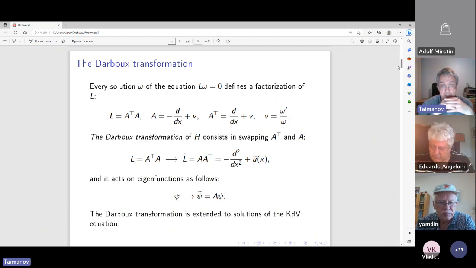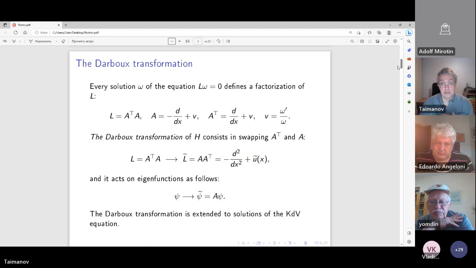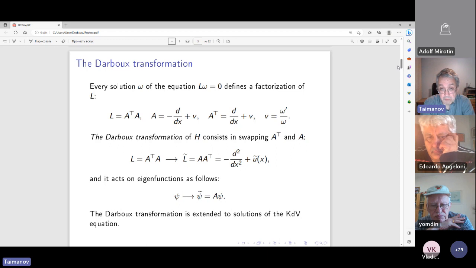So if psi is an eigenfunction of L, then A psi is an eigenfunction of the new operator L tilde. An eigenfunction which corresponds to the same energy level, to the same eigenvalue. That's very easy to see from the swapping procedure. So this transformation can be extended to solutions of KdV.